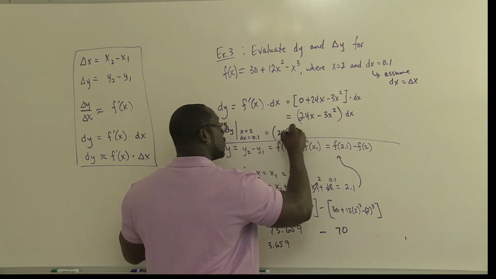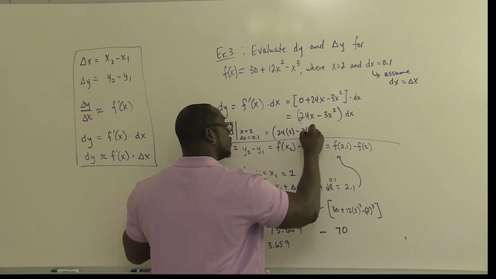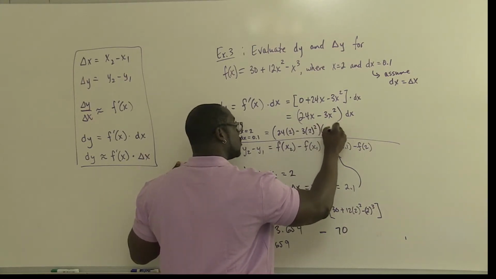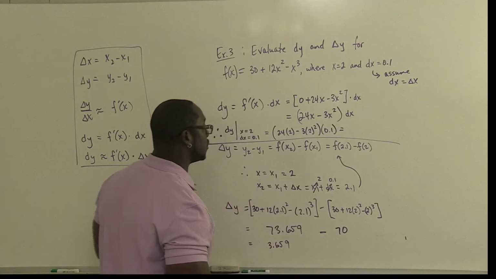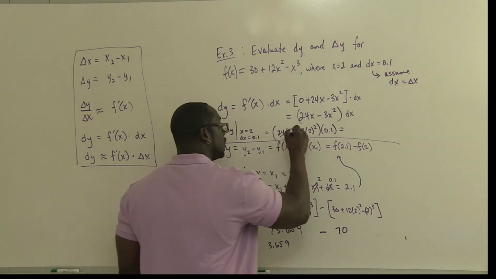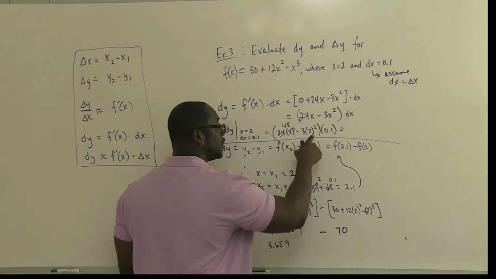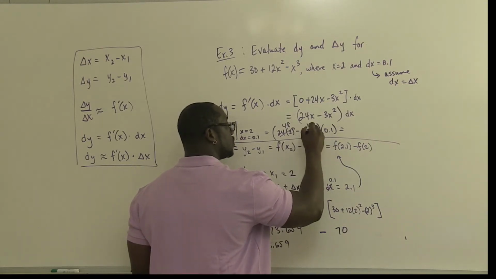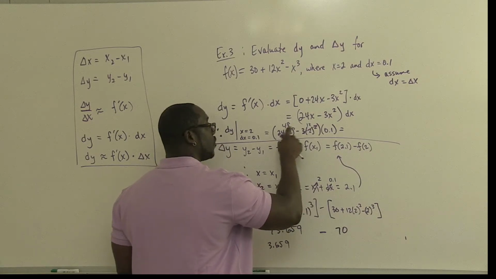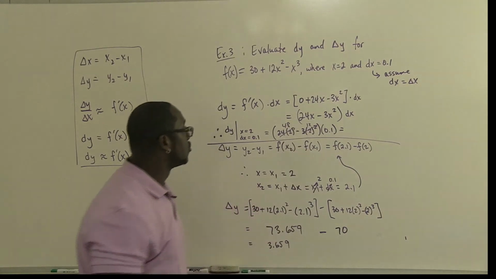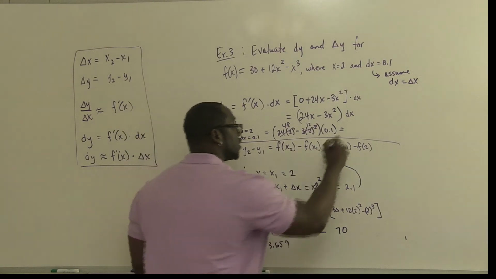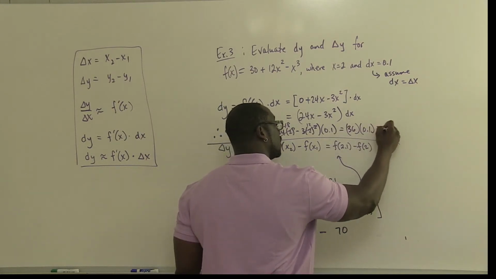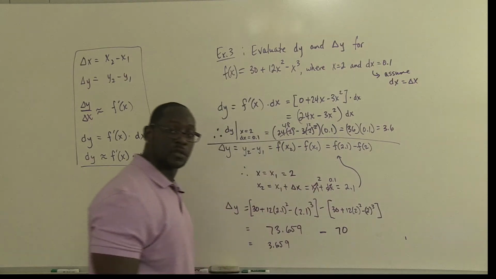So 24 times 2 minus 3 times 2 squared and all that times 0.1. So if we come here, this part is 48. 2 squared is 4. 4 times 3 is 12. And 48 minus 12 is going to give us 36. 36 times 0.1 gives us 3.6.